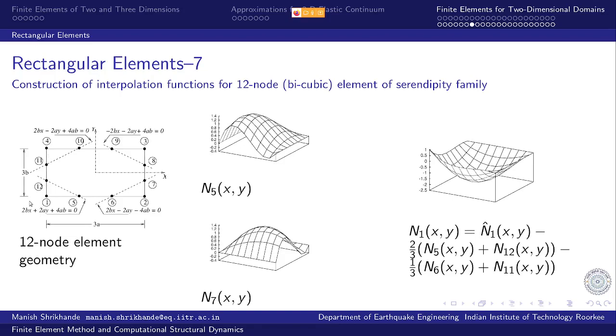So we can say 2x minus 3a is equal to 0, that's the 0 of this line, multiplied by 2y minus 3b, that is the 0 of y equal to plus 3b by 2, that's the equation of this line.